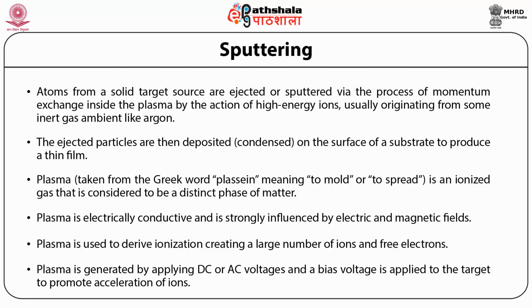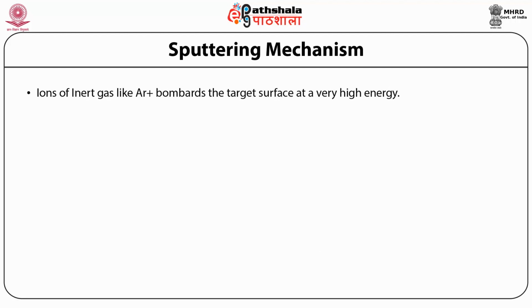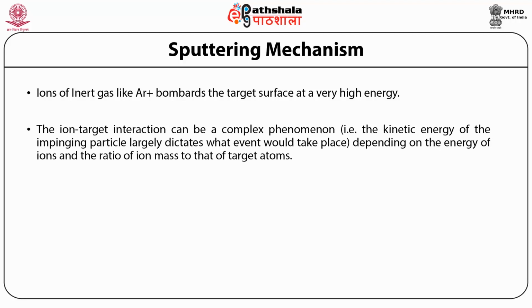Sputtering mechanism. Ions of the inert gas like argon bombard the target surface at a very high energy. The ion-target interaction can be a complex phenomenon, that is, the kinetic energy of the impinging particle largely dictates what event would take place.